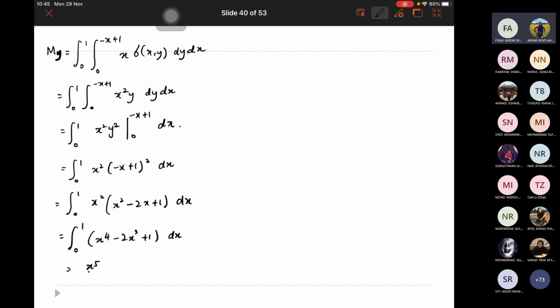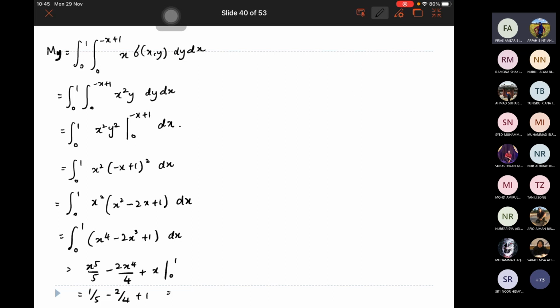Sama dengan x kuasa 5 per 5 tolak 2x kuasa 4 per 4 tambah x, 0 sampai 1. So akan dapat sama dengan 1 per 5 tolak 2 per 4 tambah 1. So dapat jawapan 1 per 60 juga.